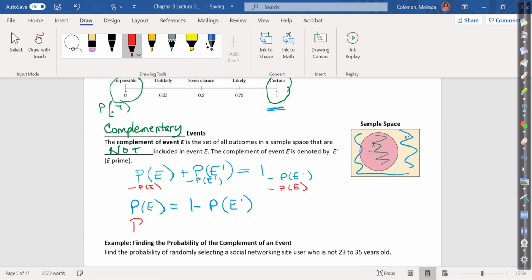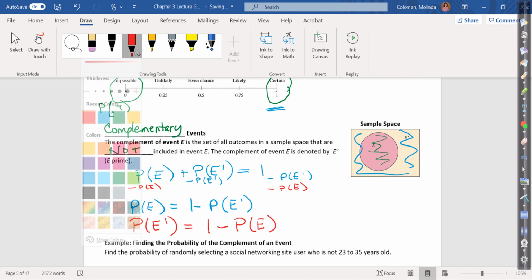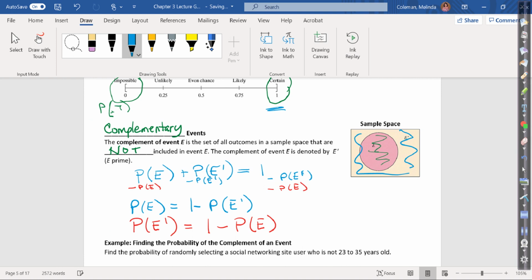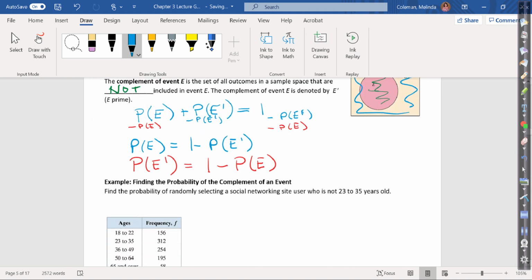And then I could say that the probability of the complement would be 1 minus the probability of the event. So both of these formulas then will help you when you're determining what and how to find that answer. They are connected.